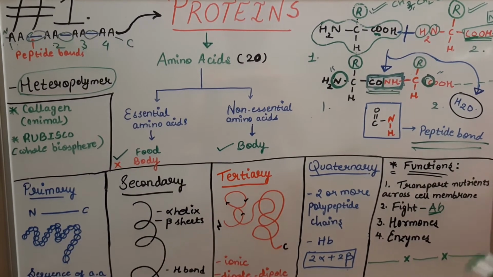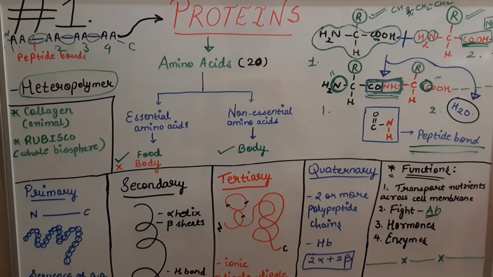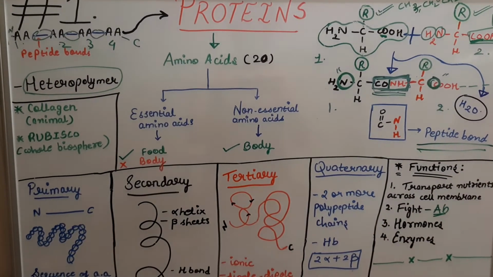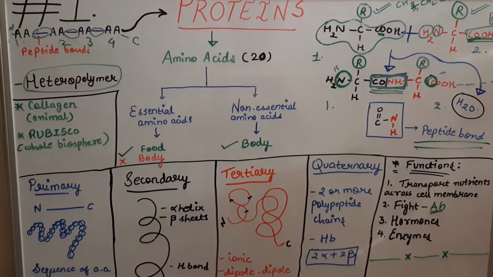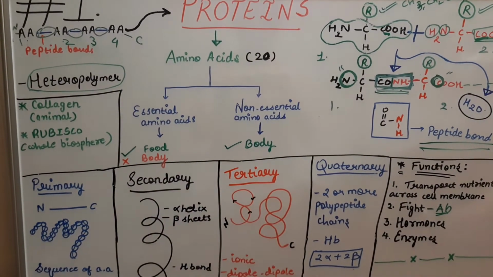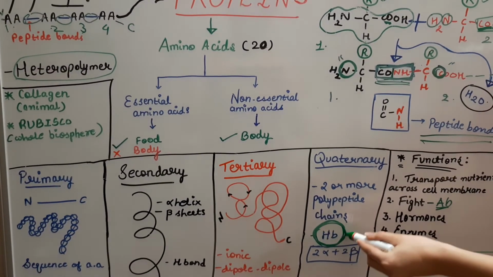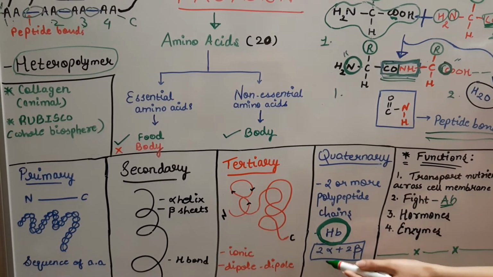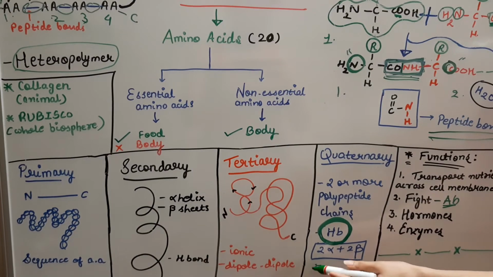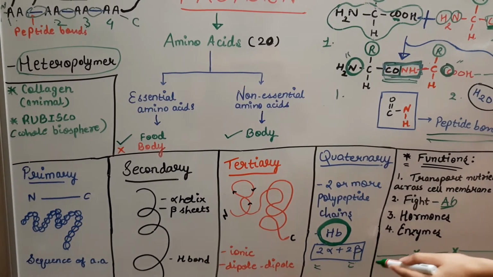One of the major examples is hemoglobin. Hemoglobin consists of 2 alpha subunits and 2 beta subunits. This is a major example of one of the most important proteins in our body.